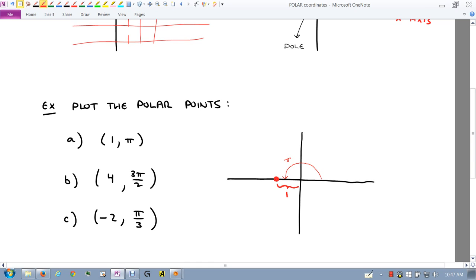That's the point. It lies on the x-axis, doesn't it? How about the next one? 3 pi over 2. I'll call this B. I rotate through 3 pi over 2.